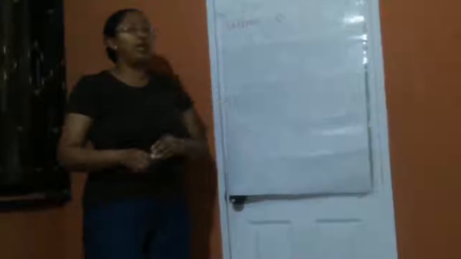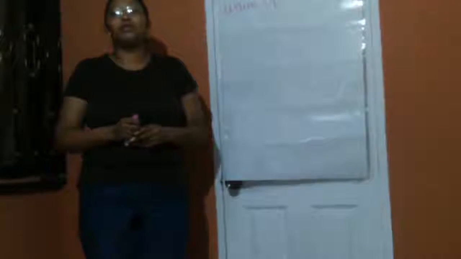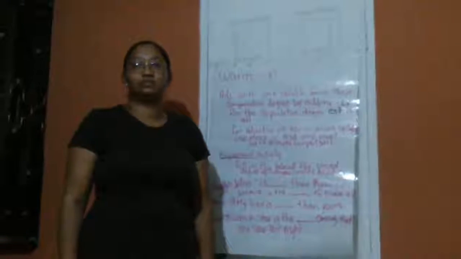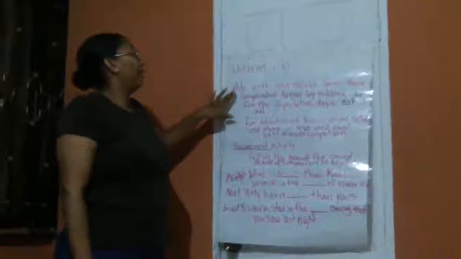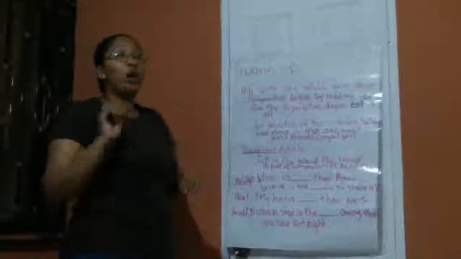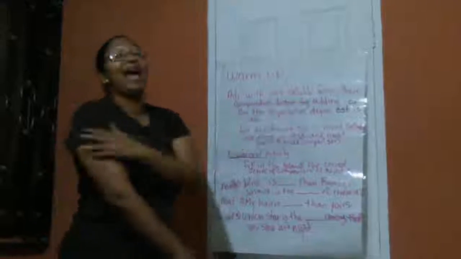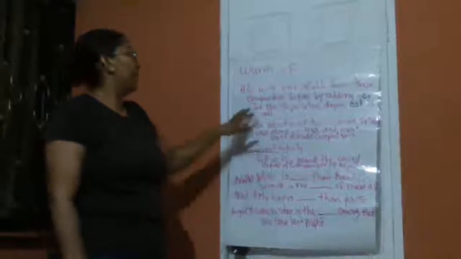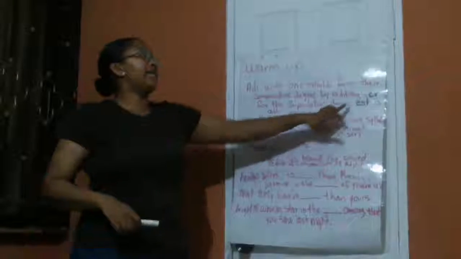Okay, I will help you out and I'm going to write down on the board some comparative and superlative adjectives so we can remember. Now, I'm going to explain the adjective with one syllable form their comparison degree by adding ER, and for the superlative degree, add EST.